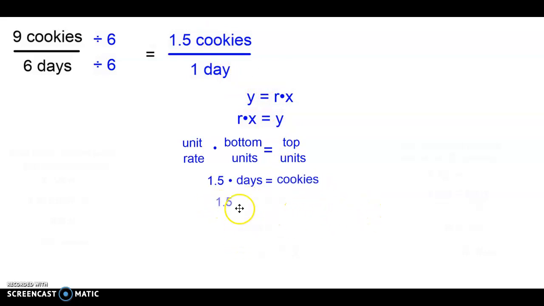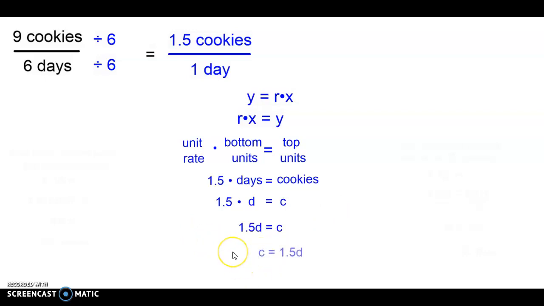So you come up with 1.5 times D is equal to C when you put variables in place of those words. Drop the dot, you come up with 1.5D is equal to C.